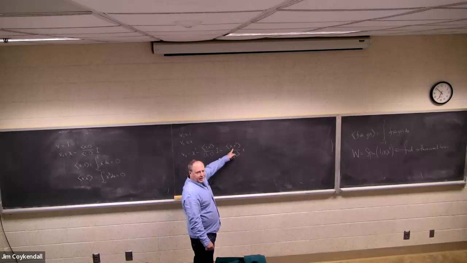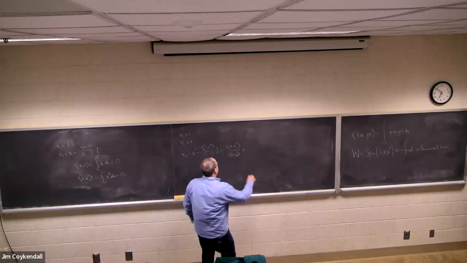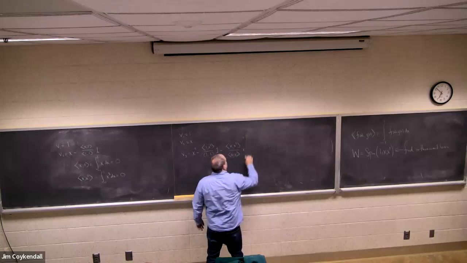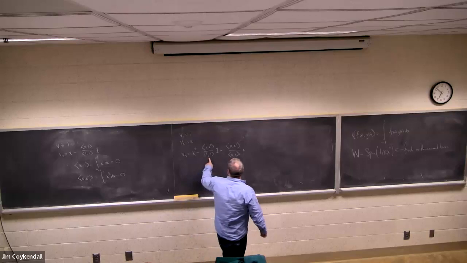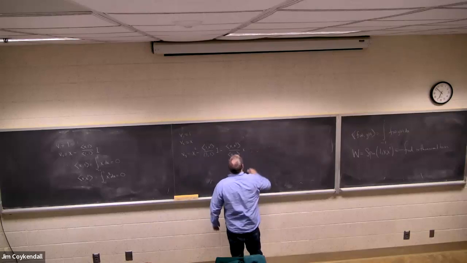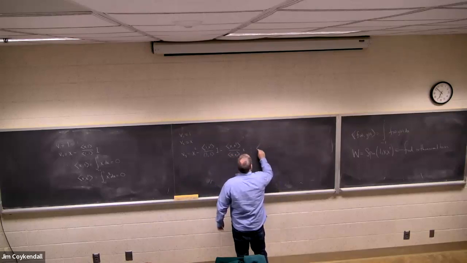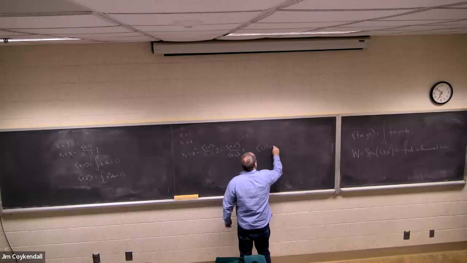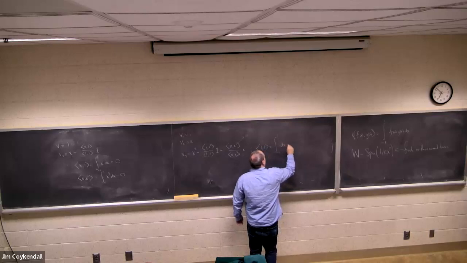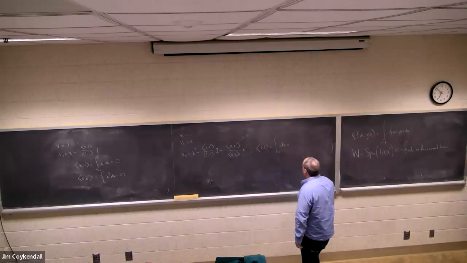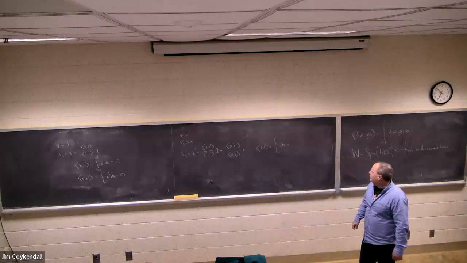Now this piece disappears because I've already pointed out that the inner product of x and x squared is 0. So this is gone. Right? Let's figure out what these are. The integral of 1 dx, and so that's just 2.